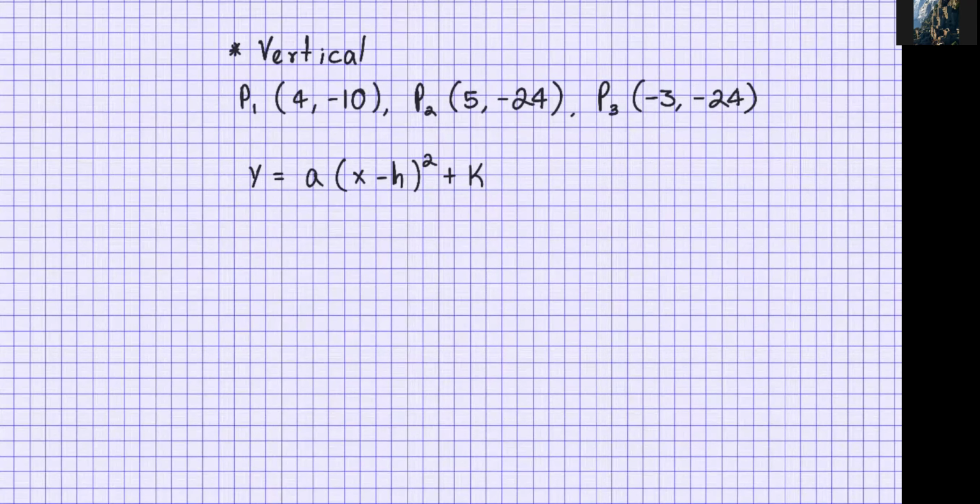Let's do our first equation. We are going to use this point. So we have that -10 equals a times x, which will be 4, minus h squared plus k.